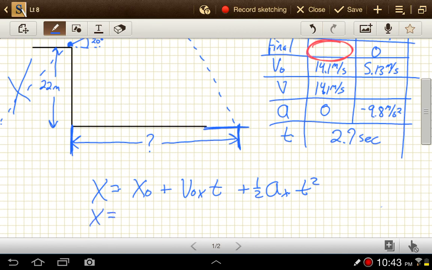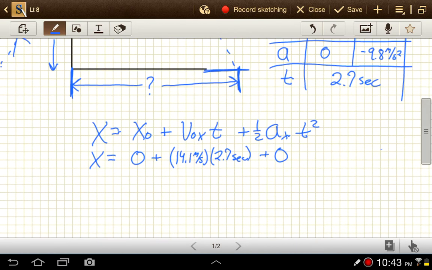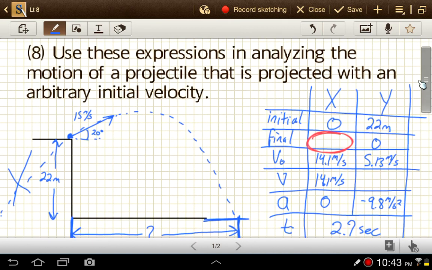X is going to be equal to 0 plus 14.1 meters per second times 2.7 seconds plus 1/2 times the 0 times t squared will just be 0. So then x is going to be equal to 14.1 times that 2.7, and we get 38 meters. 38 meters away is where that thing's going to land.